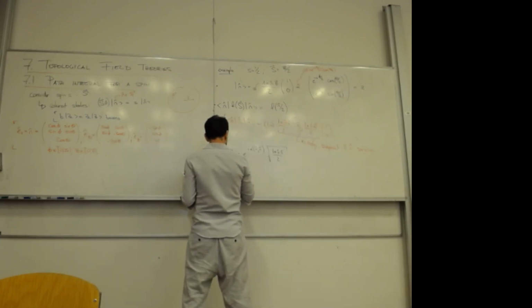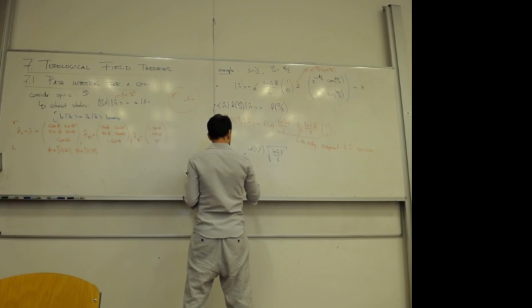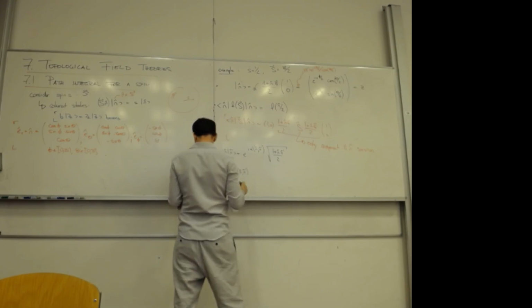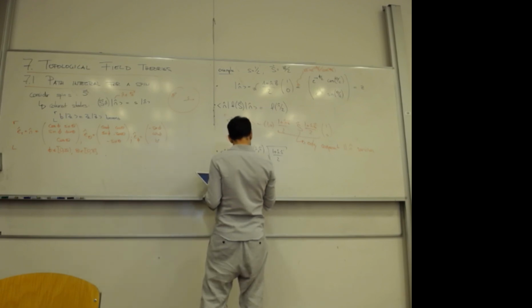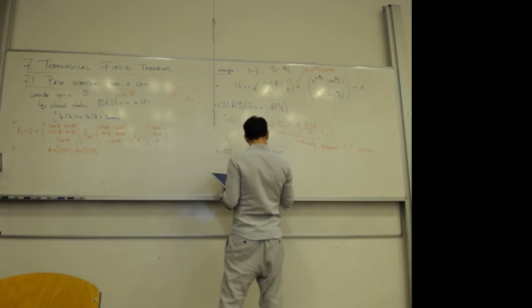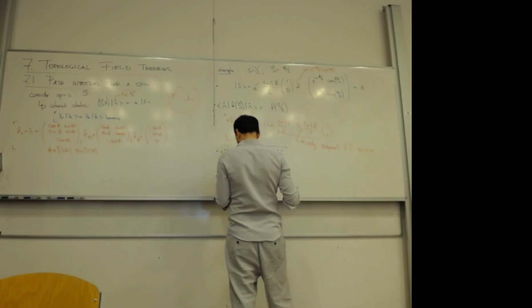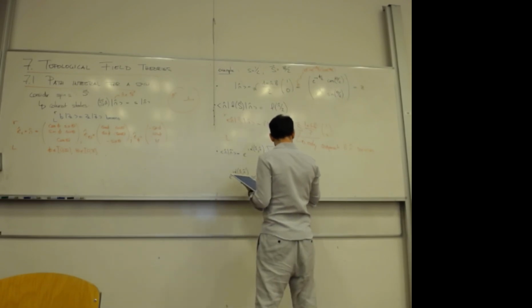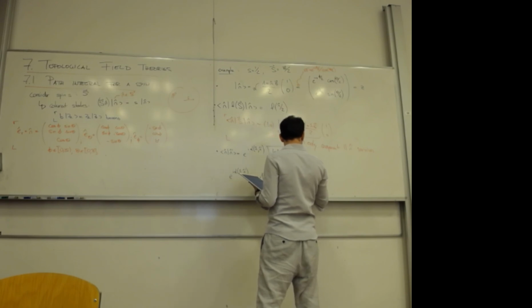So e to the i alpha of n prime is going to be, just expand this, 1 minus i cos theta (phi prime minus phi) over 2 plus dot dot dot.